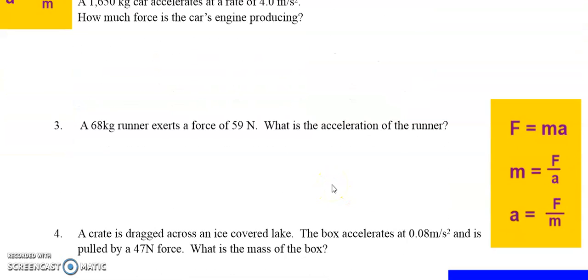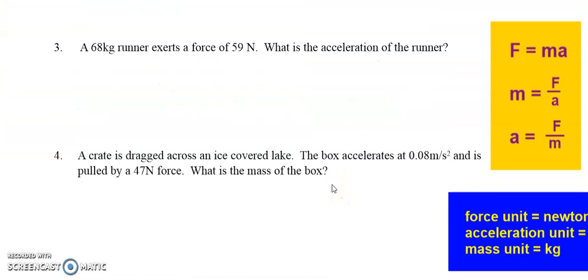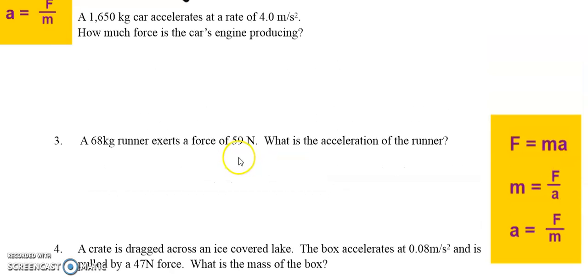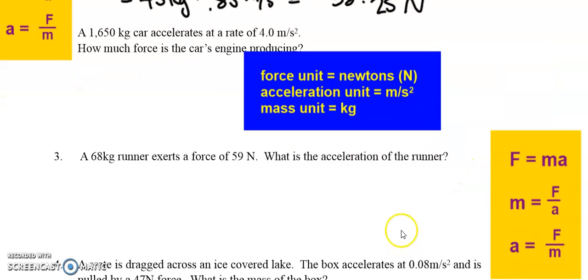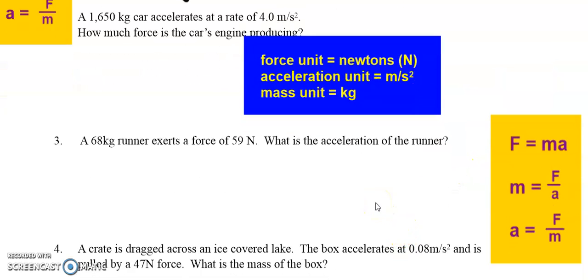Let's look at another one, this one right here. A 68 kilogram runner exerts a force of 59 newtons. Do you remember that I said before that they recommend that students write out what your givens are, so that mass equals 68 kilograms. Sometimes I do a shortcut and do that.